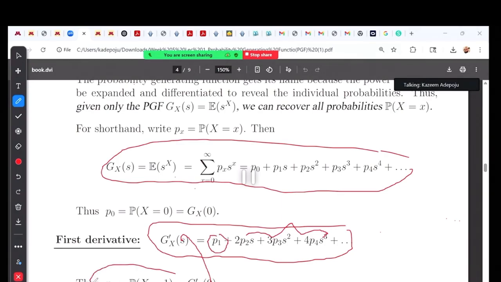That p1 is the probability of X equal to 1. You remember the other time, the probability of X equal to 0 is when you plug in 0 for s in the probability generating function. But how am I going to get the probability of X equal to 1? Then I have to differentiate the probability generating function before I set s to 0.